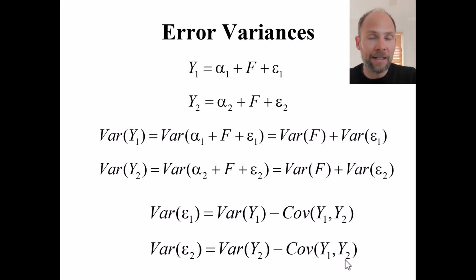So on the right-hand side, you have to have only things that you have in your data, meaning means, variances, and/or covariances of the observed variables. If you can show that for each and every model parameter, then your model is identified. And here we have shown this for this model.